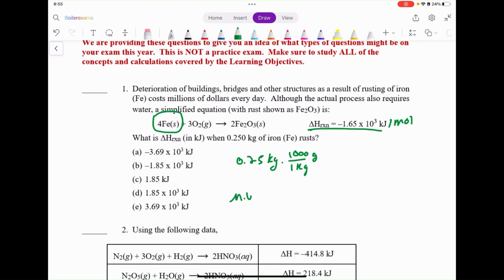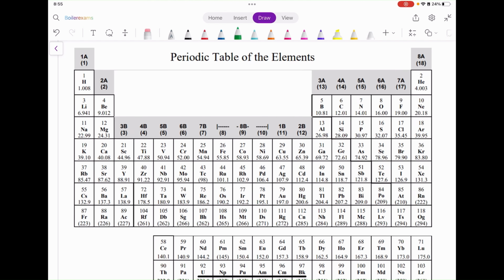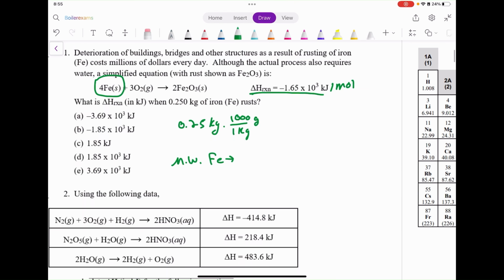and the molecular weight of iron is, let's see, where is it? Oh, right there. Okay, 55.85 grams per mole. Okay, and so we know there are 55.85 grams in 1 mole of iron.